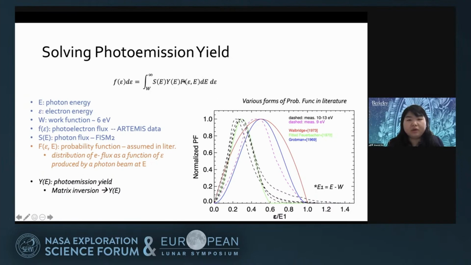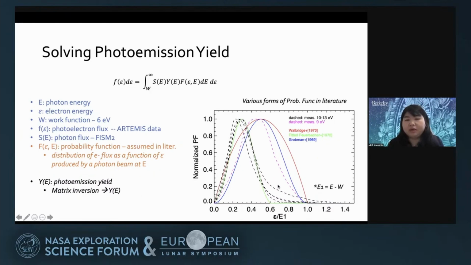Another quantity we need is this probability function, which characterizes the distribution of electron flux as a function of electron energy at a single photon energy. So this is a function that depends on both the electron energy and also the photon energy. Assuming all these quantities are known, we can calculate the yield with a matrix inversion.